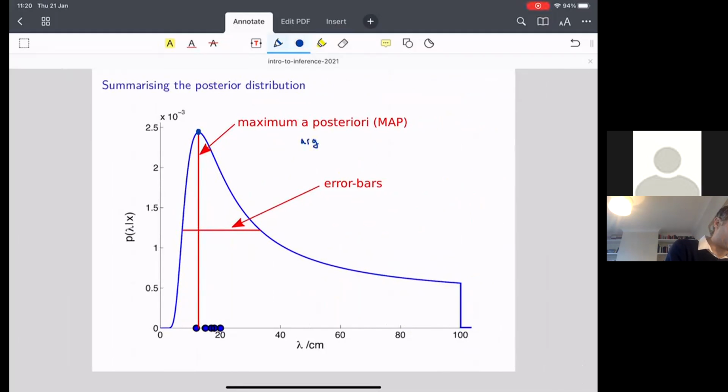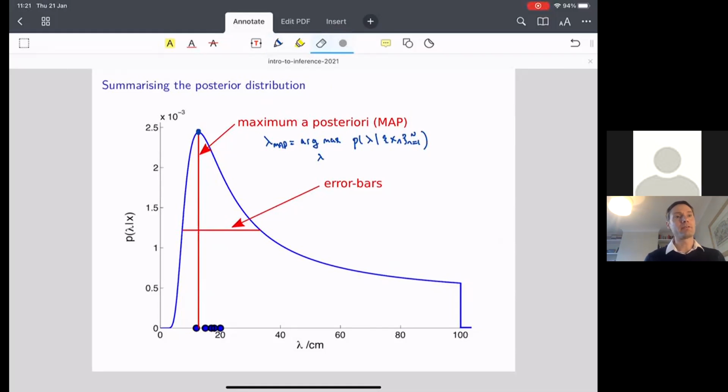This is formed by taking the argmax over lambda of the posterior distribution of lambda given the data points. And this is called lambda MAP. You shouldn't just return a point estimate to people. You really want to return uncertainties.